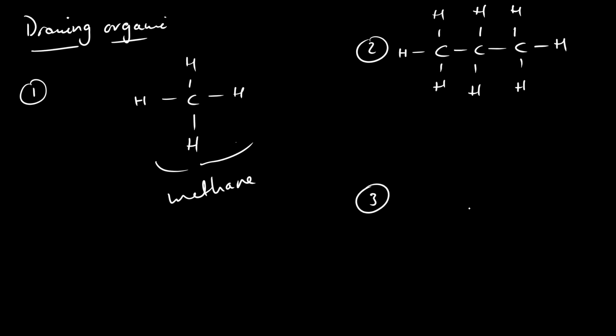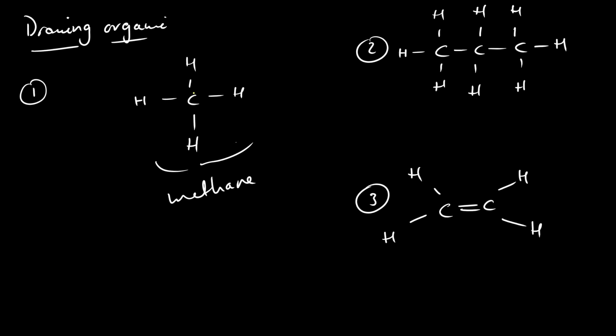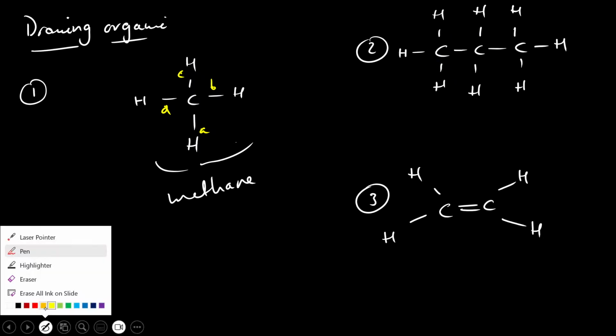Now, let's make an alkene, ethene. Now notice this. 1 carbon can bond to 4 bonds, so let's say A, B, C, D. It's the same case with this particular organic structure, propane.